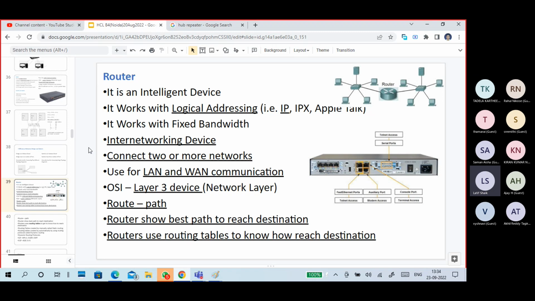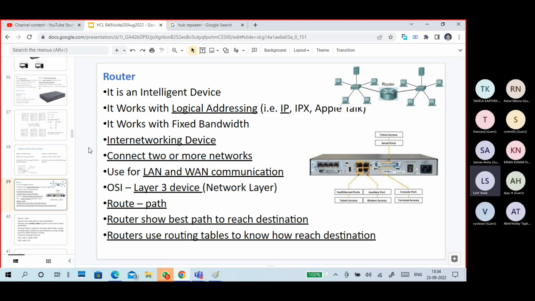So again, router is an intelligent device. It works based on logical addressing, mainly IP addresses. Router is an inter-networking device. What is an inter-networking device? It connects two or more networks and makes communication between them.